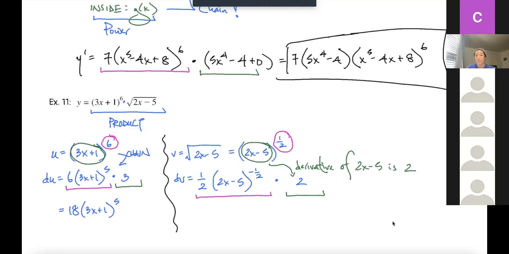And that's really similar to how we found that 3 for the du. The derivative of 3x plus 1 was 3.